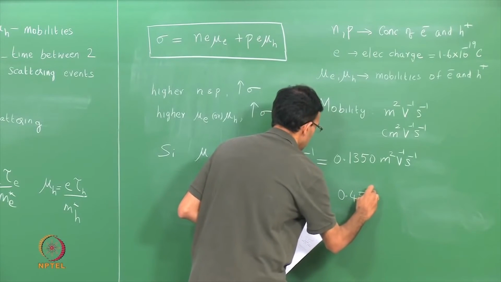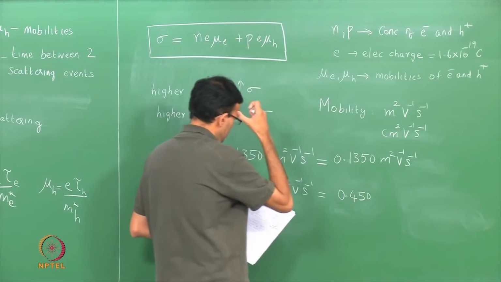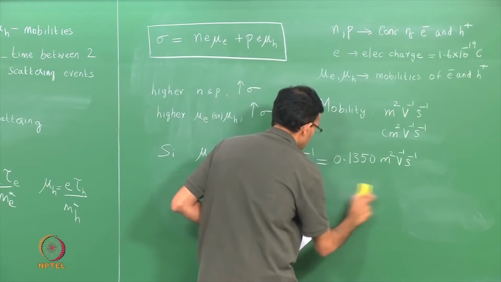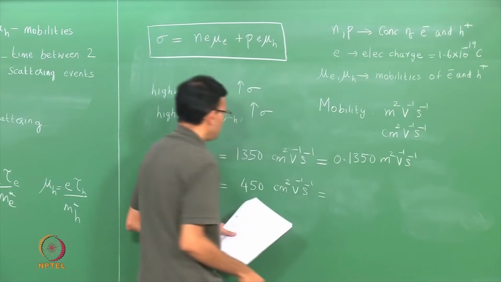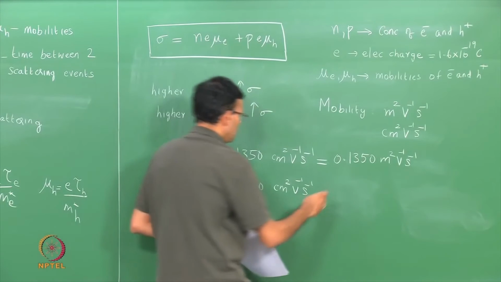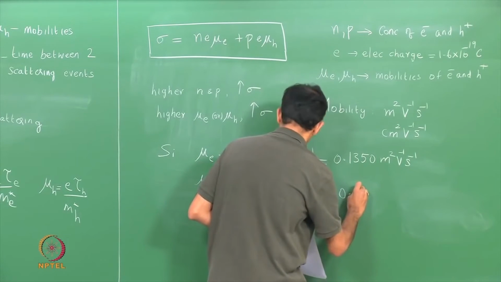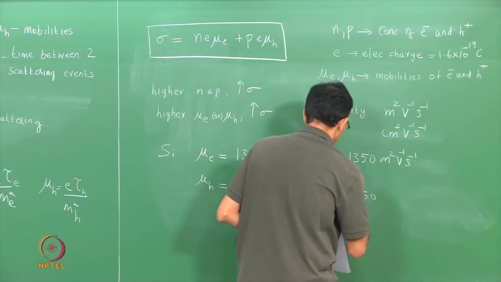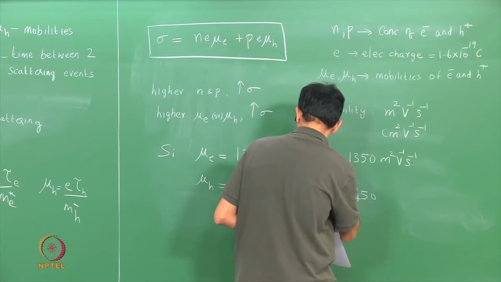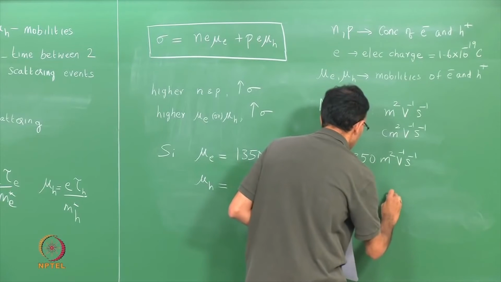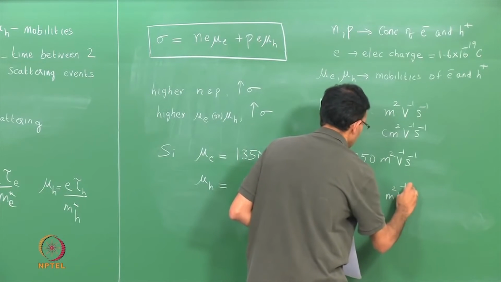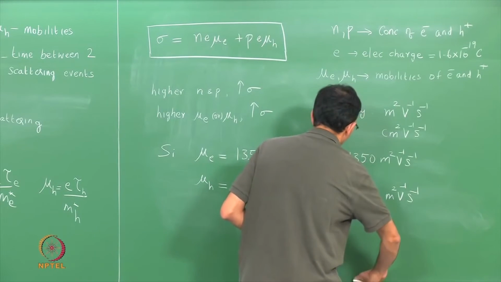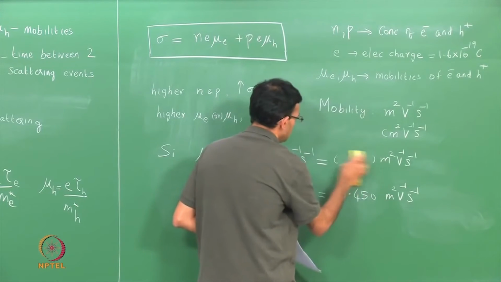or you can divide this by 10 to the 4. The top one should be 1.350.